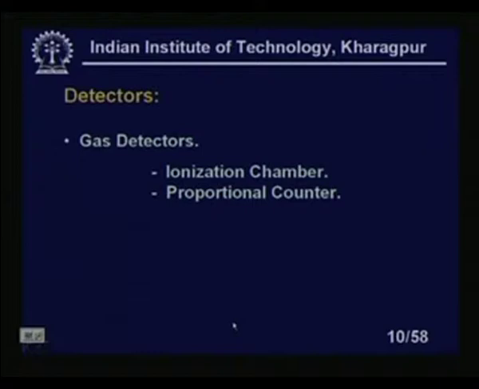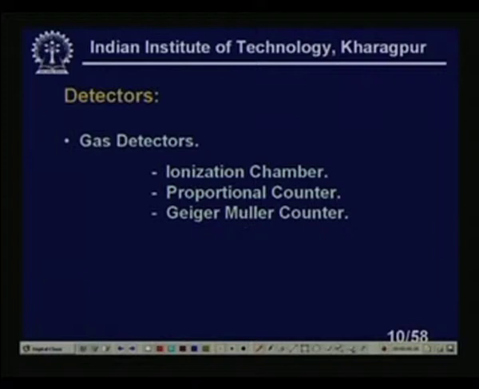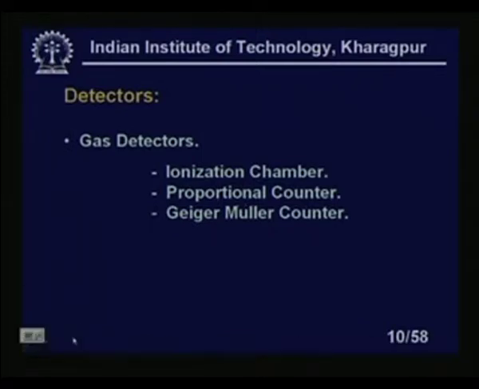Then the proportional counter; all these are basically gas detectors. Then you have the Geiger-Müller counter. Geiger-Müller is a German name, so there should be an umlaut.